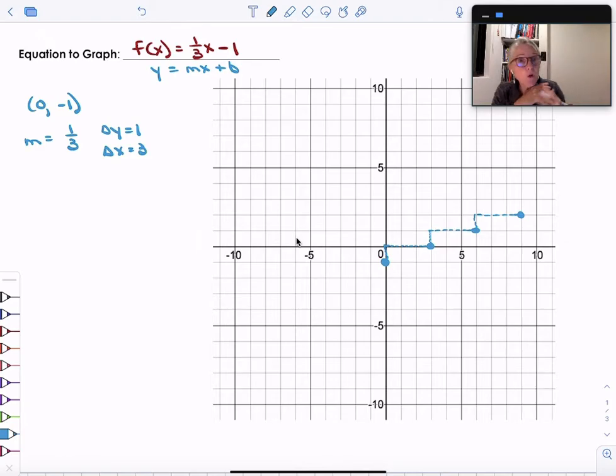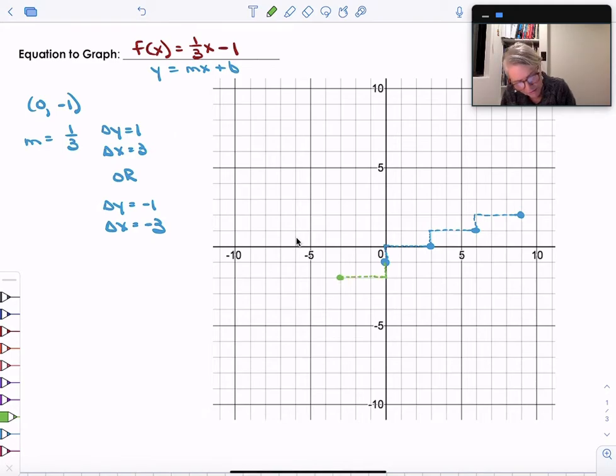Remember, to get a positive slope, I could have decoded my change in y and change in x to be, I'm going to say this is a big or, change in y equals -1, and change in x equals -3. I'm going to change to a different color for these. I'm going to go back to my original anchor point, my y-intercept. If my change in y is -1, I'm going to go down. Down 1, and to the left 3.